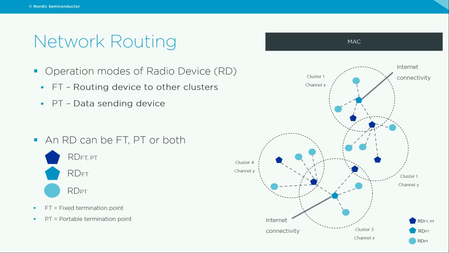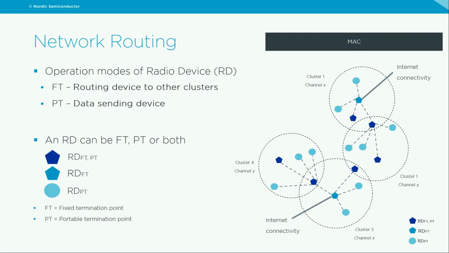Just note that a node can either route devices to other clusters or via a node that sends data, or both. And this means in a whole network, you can have different sets of clusters running on different frequency channels, which communicate to each other, and you can have relay nodes between these clusters, which are in the specification called FT, or fixed termination point.